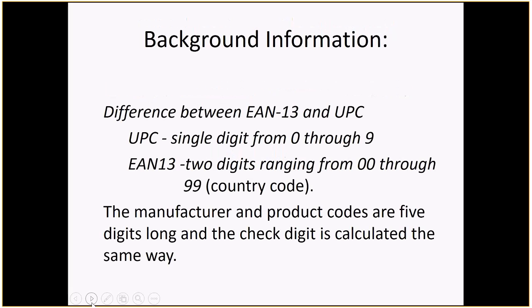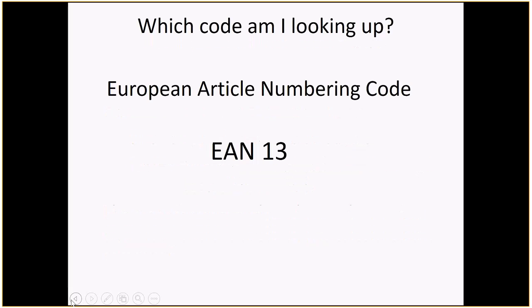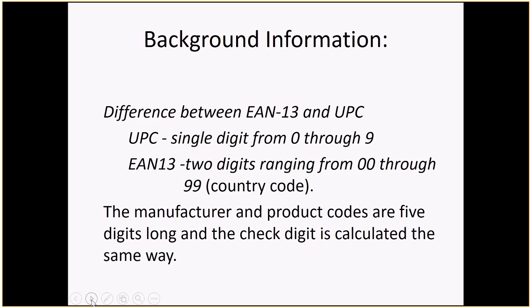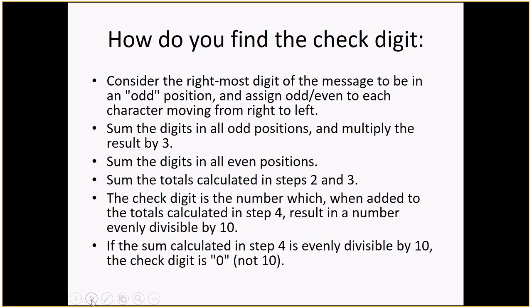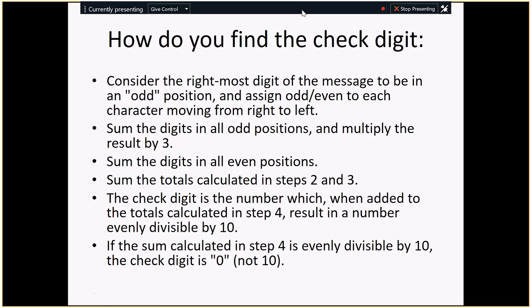Just looking at this really quickly, you'll notice this came from the graphic organizer. What code am I looking up? That needs to be clearly identified. Background information, again, clearly identified. How do you find the check digit?